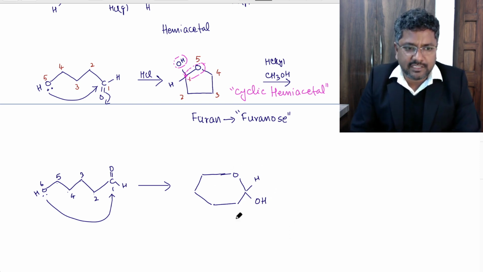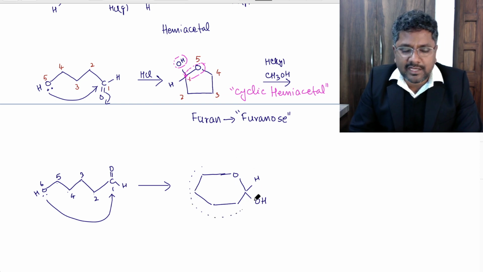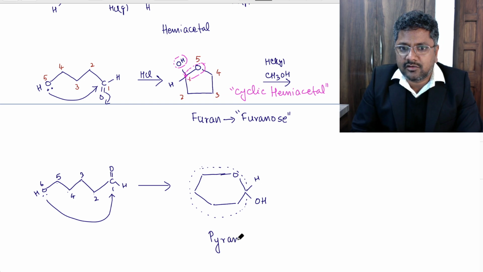So this is a 6-membered ring containing oxygen. This is called pyran ring. So this is OSE, so called pyranose ring.